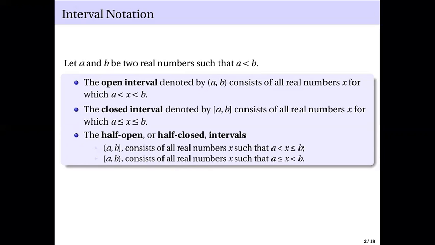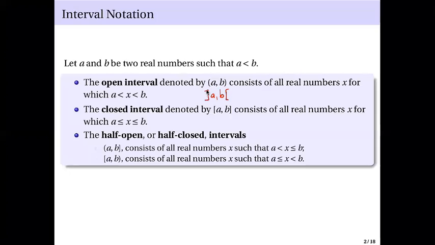And I think in some references, instead of using parentheses, they also use square brackets, but they reverse them to denote open. Meaning in some references, instead of parentheses A comma B, they will use this symbol to denote open.